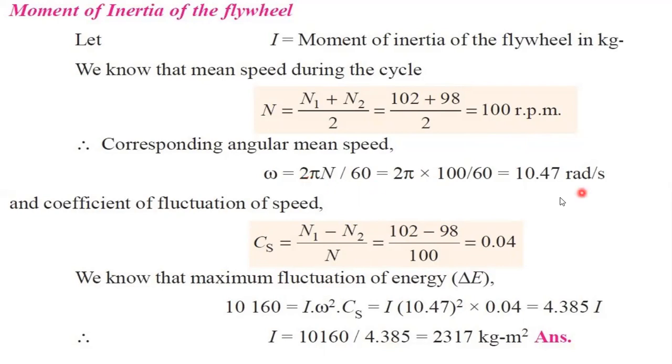So you'll be getting angular velocity also. So coefficient of fluctuation of speed is n1 minus n2 divided by n. n1, n2 we have, n value we know. We can easily calculate the CS value. So maximum fluctuation of energy del E is equal to I omega square CS. So del E you know, omega you know, CS you know. Determine the mass moment of inertia value.